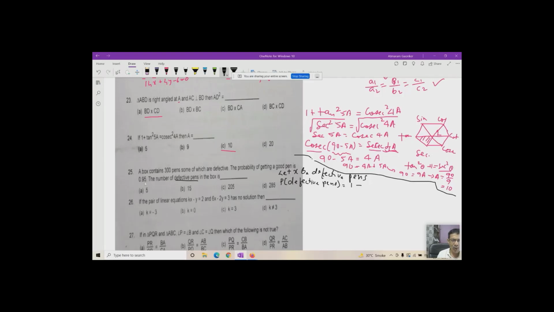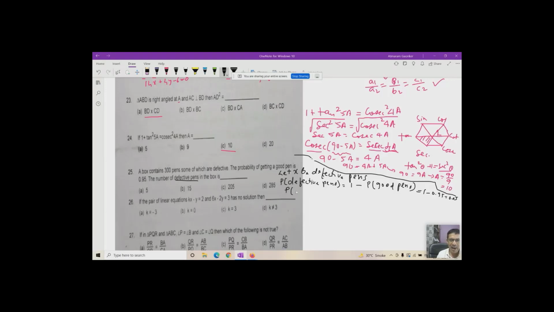Here probability of good pens is given as 0.95. So it is 1 minus 0.95, which works out as 0.05. So now we know probability of defective pens equal to 0.05.